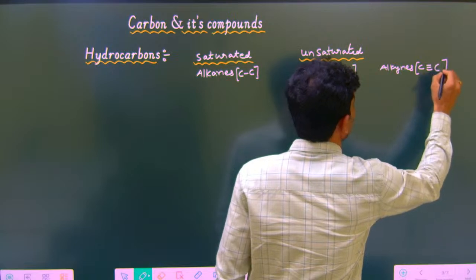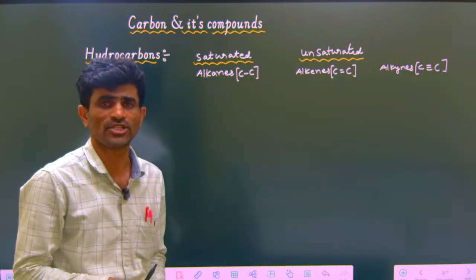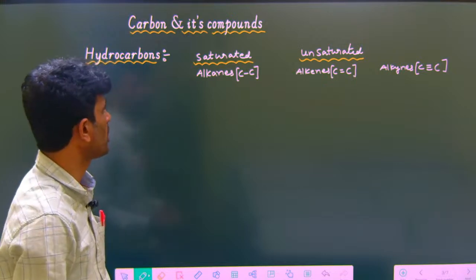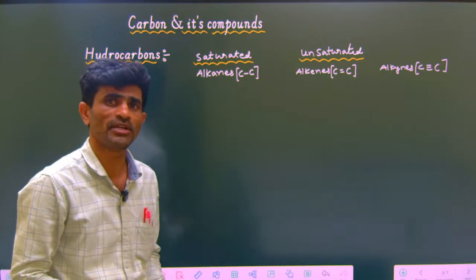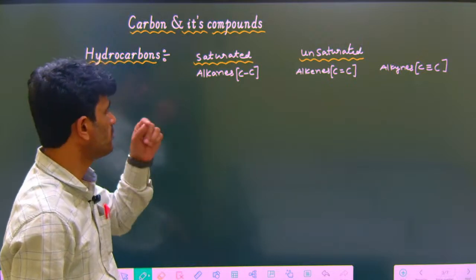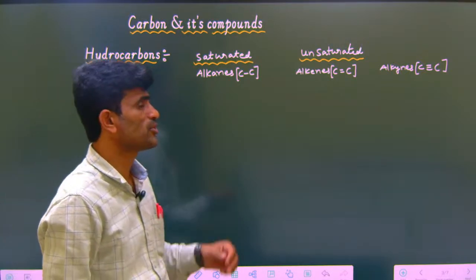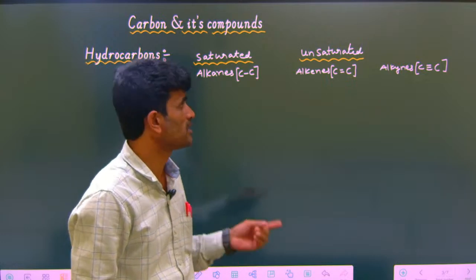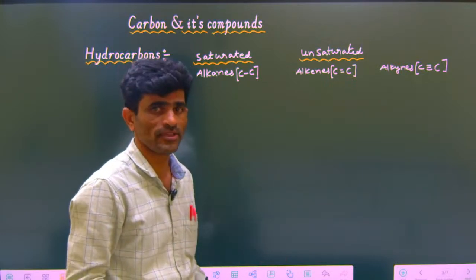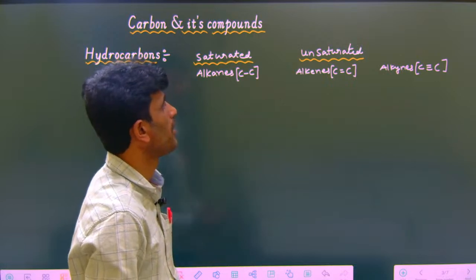So how many types of hydrocarbons? Only two types, saturated and unsaturated hydrocarbons. If there is a single covalent bond between carbon and carbon atoms, we call them saturated hydrocarbons, and they are alkanes. In unsaturated, again we have two types, that is alkenes and alkynes. If there is a double bond between carbon and carbon, we call it alkene.